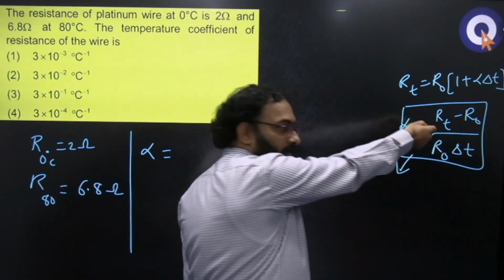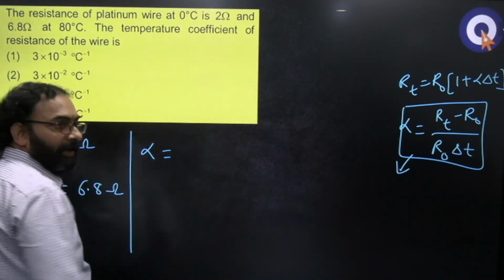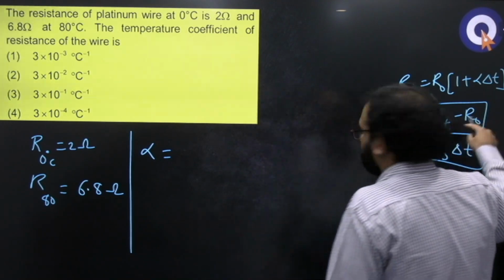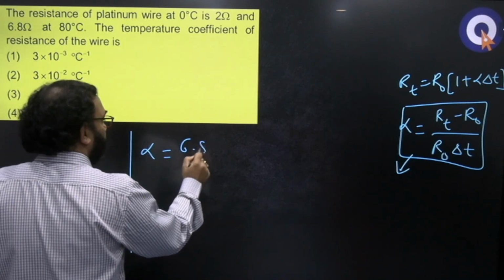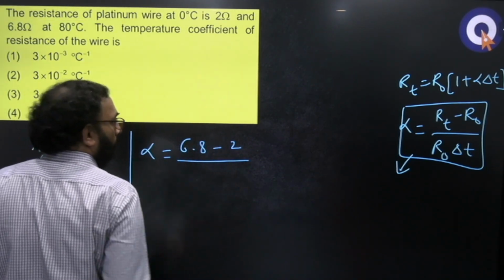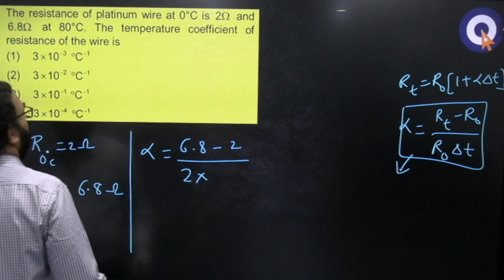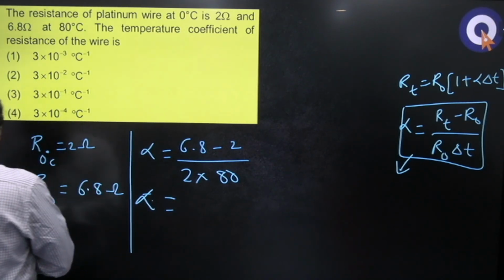Let us use this. So alpha equal to RT minus R naught. RT means resistance at 80 degrees Celsius, R naught resistance at 0 degrees Celsius. So 6.8 minus 2 by R naught 2 into delta T, that is 80 degrees Celsius. So from this you can calculate.